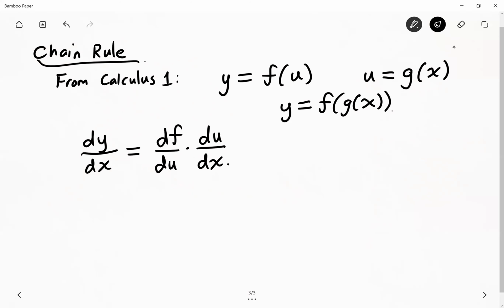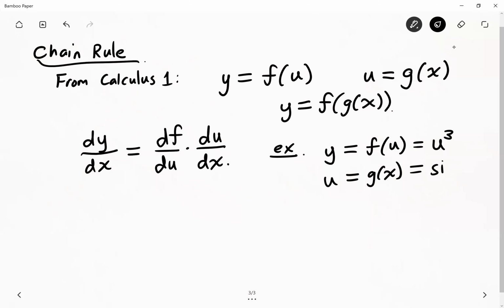For example, maybe you have y equals f of u, which is, let's say, u cubed, and u equals g of x. Let's say that's sine x.